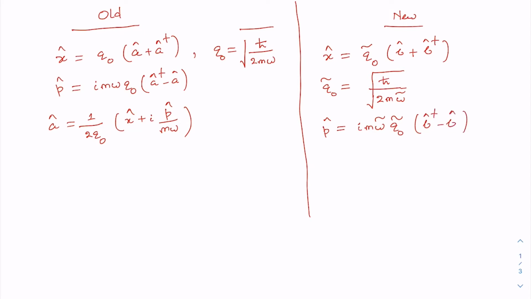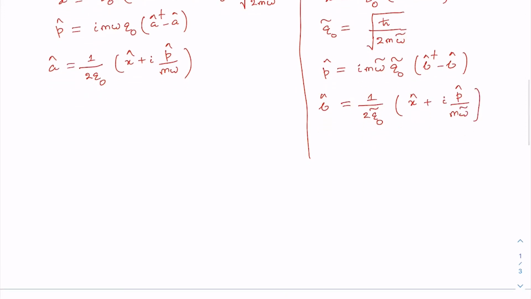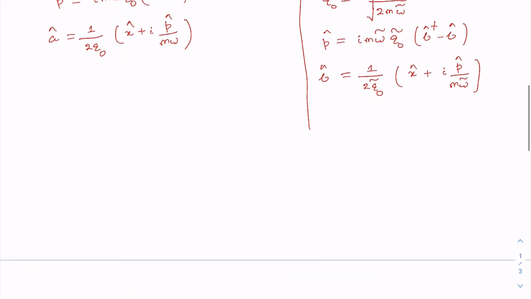Okay, and therefore this operator b I can write as 1 by twice q0 tilde times x plus ip by m omega tilde. Alright, so now the next thing is to express this annihilation operator b in terms of a and a dagger. You can trivially do that.